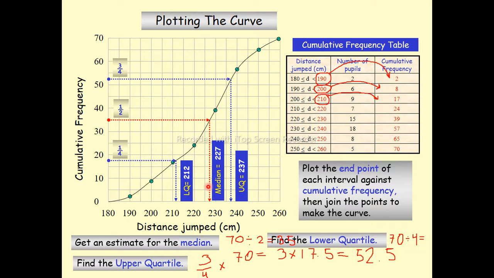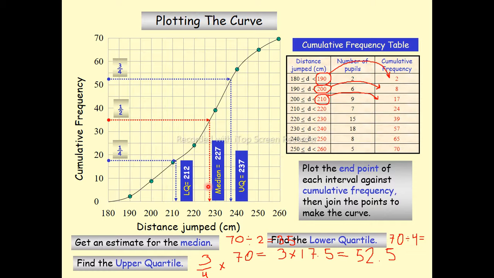Do we just find the range between the quarter and 3/4? Yes, so the interquartile range would be what?